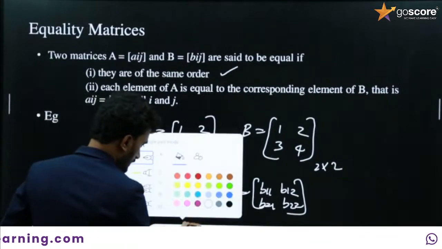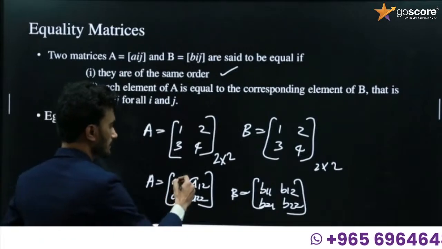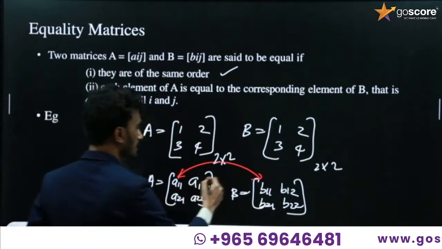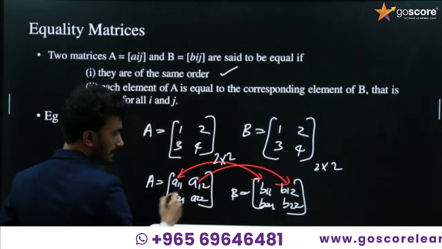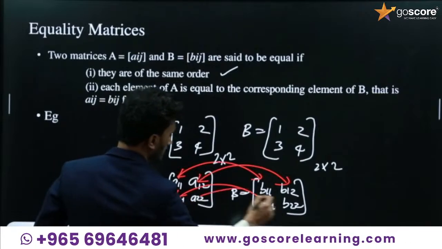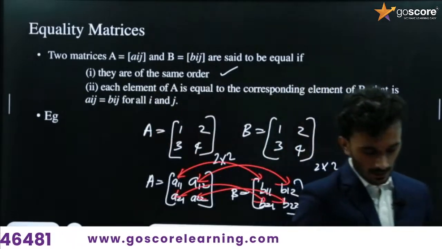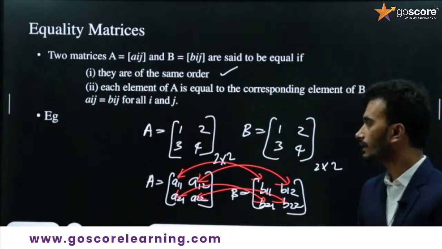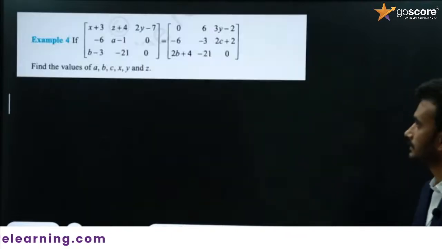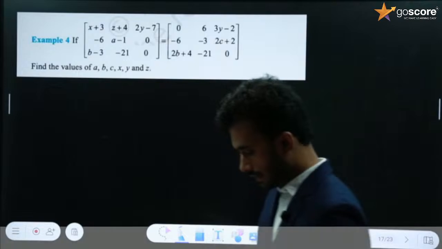If A and B are equal matrices, you can say that A11 equals B11, A12 is equal to B12, this one is equal to this one, and this one is equal to this one. This is the general concept in equality of matrices. So we can solve some more questions.